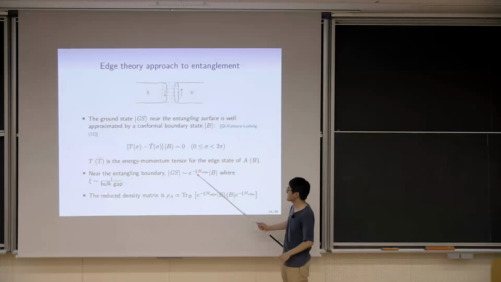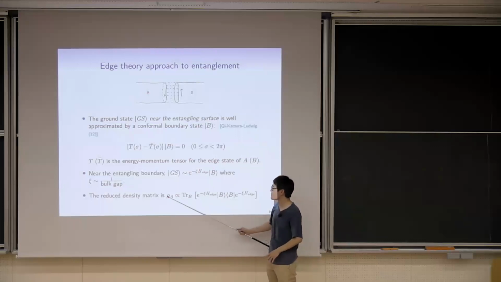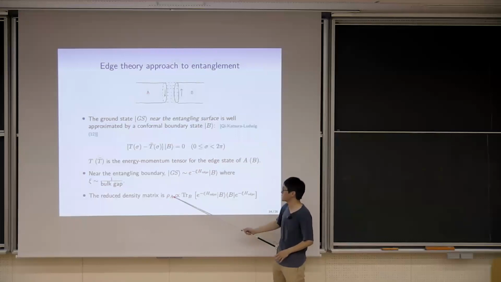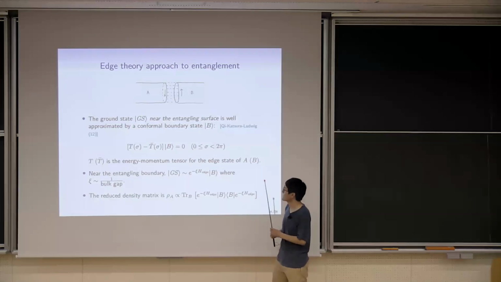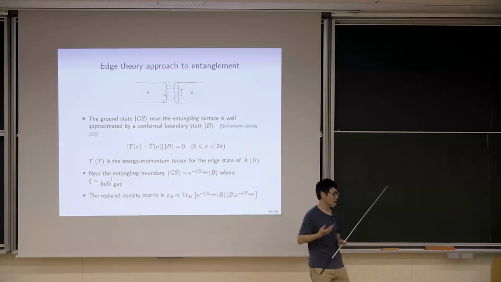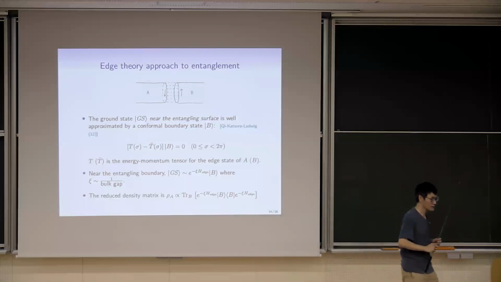From that assumption, we can compute the reduced density matrix explicitly. Or sorry, the reduced density matrix is this physical edge Hamiltonian, and from that knowledge we can just calculate the expectation value of the partial rotation operator.